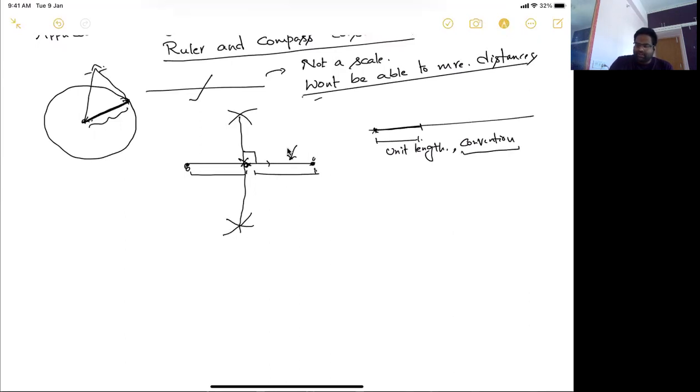Using the compass from here to here, you measure this distance, and then you draw 2. If you go to the left, you'll get -1. So you fix this direction, you call this positive, and the opposite side will be negative. In this way, you'll be able to construct any integer.